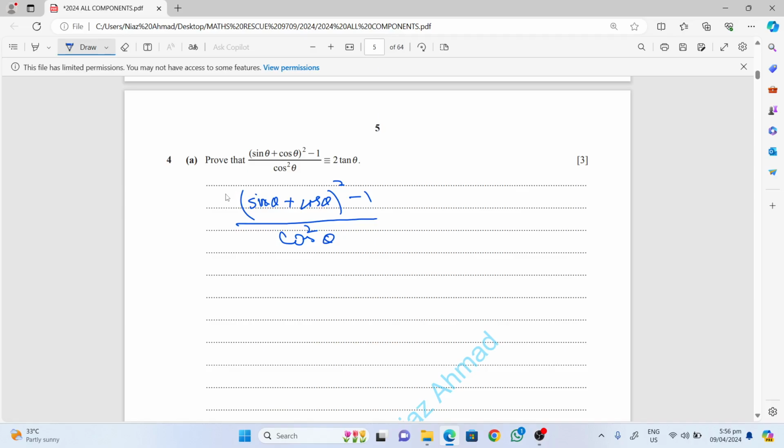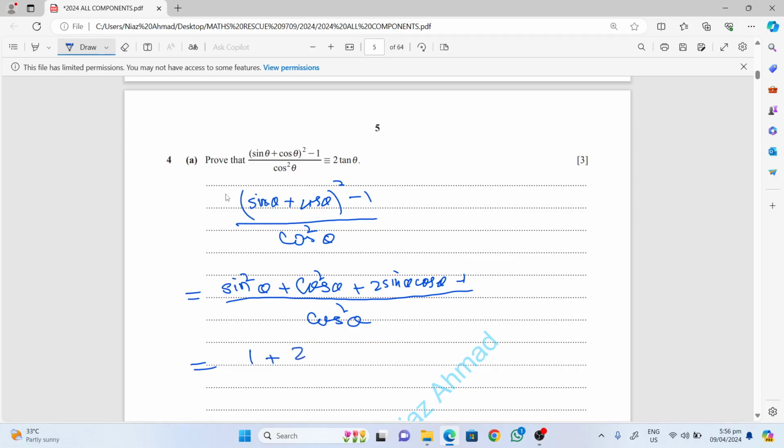So I am going to expand this. This is actually sine square theta plus cos square theta plus 2 sine theta cos theta minus 1 over cos square theta. Sine square theta plus cos square theta is always 1.